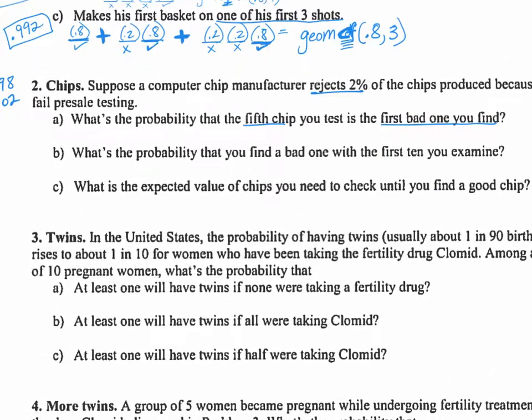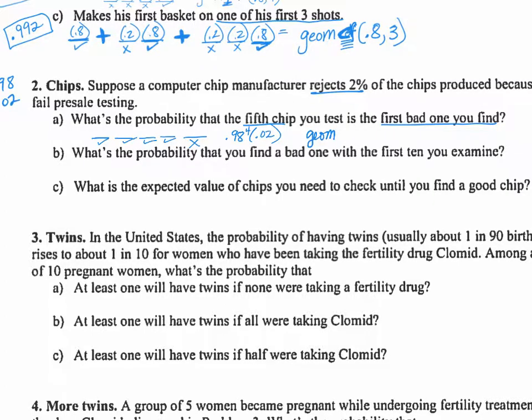So lay that out. That's saying that, let's see, these first 4 are good. And that 5th one is the first one that is bad. So you've got the 0.98 to the 4th power with that 0.02 being in the 5th spot. If you were to shortcut this in your calculator, let's see, what would we be doing here?